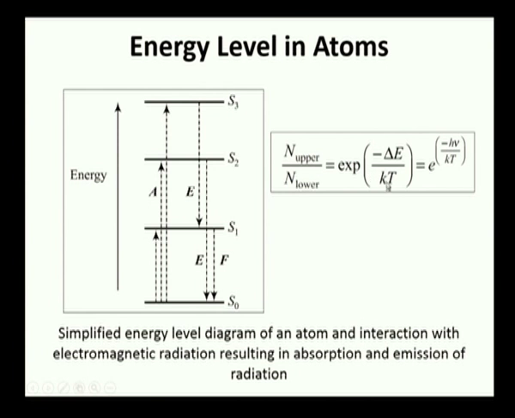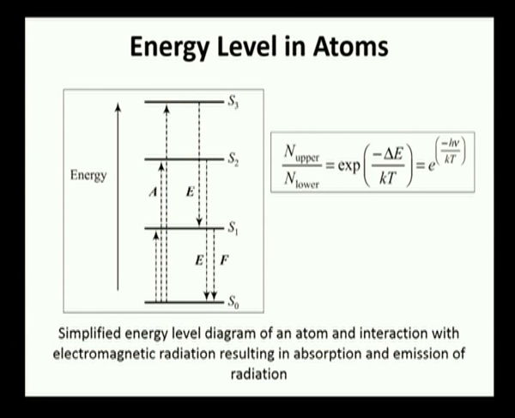K is known as the Maxwell-Boltzmann constant, which you are very well aware of, and T is the absolute temperature. So this equation defines the relative distribution of electrons at a particular temperature and is given by exponential of minus delta E divided by kT. As I have told you, k is the Maxwell-Boltzmann constant, T is the temperature, delta E is the energy difference.